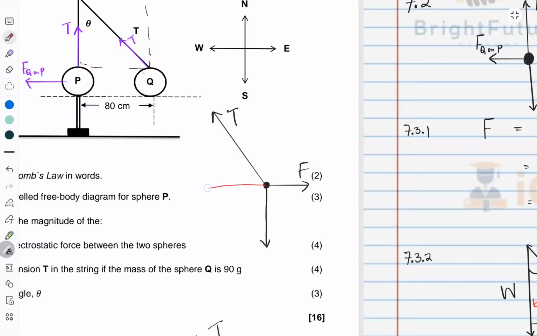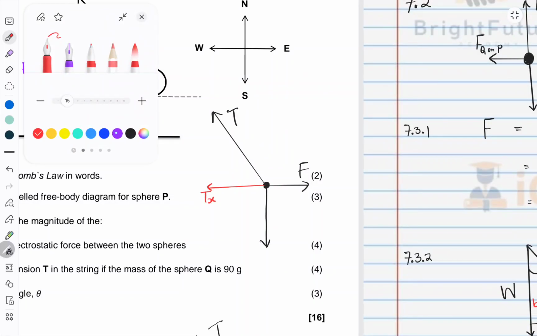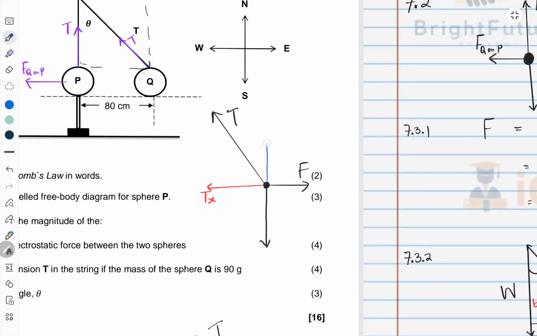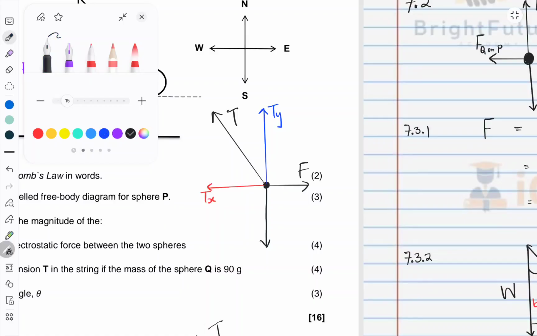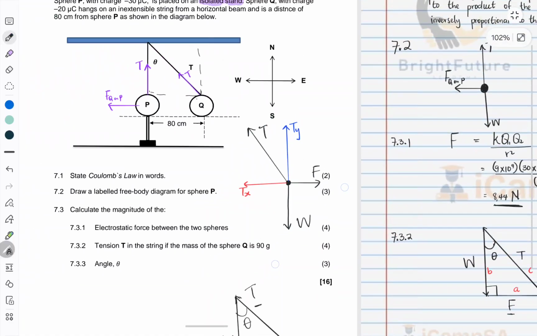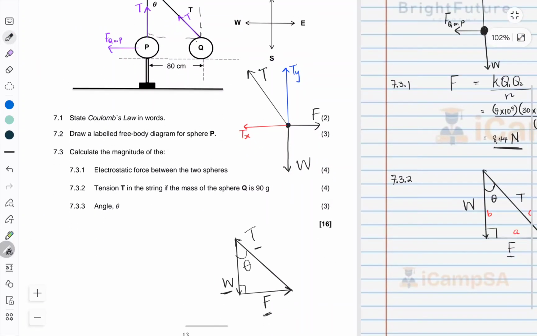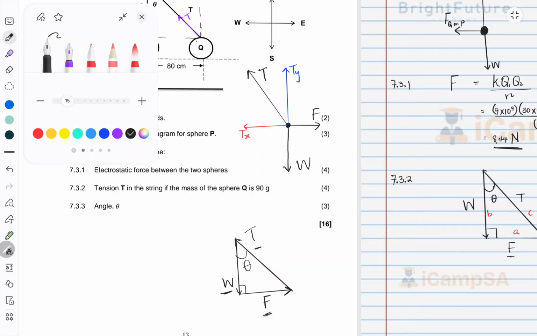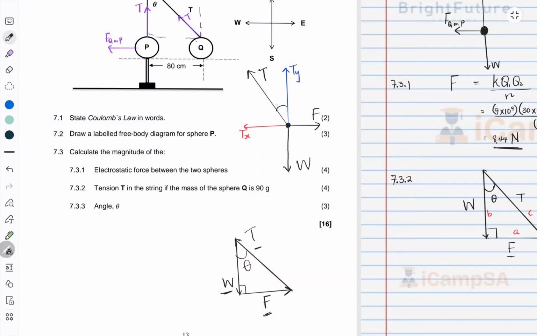You'll get a Tx, the x component of T, then you'll get a Ty, the y component of T. And then of course, our weight is there. So what I'm saying is, our theta is always between the perpendicular component and the hypotenuse, yes. So that's theta there.